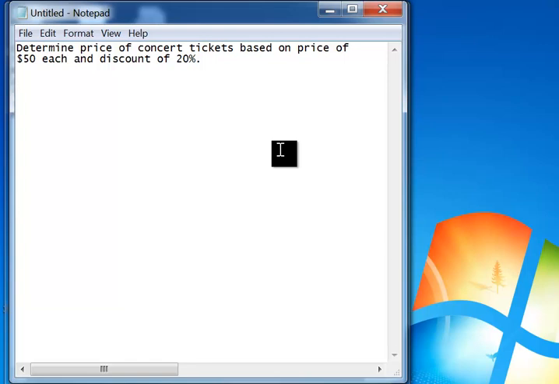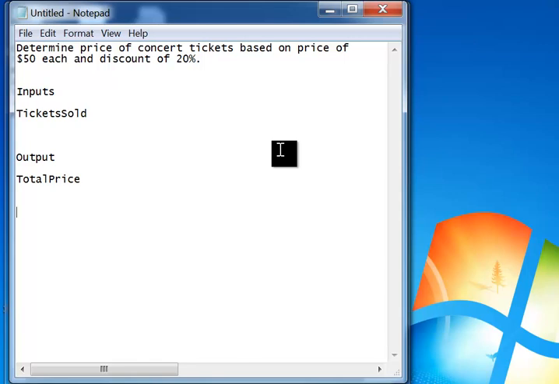So one of my inputs would be the number of tickets. I'm going to say tickets sold, if you will. How many tickets are we actually buying? If I'm buying 1, 2, 3, 4, 5, this variable called tickets sold represents the number of tickets being sold to me. That's all I really need to know. And my output is going to be my total price.